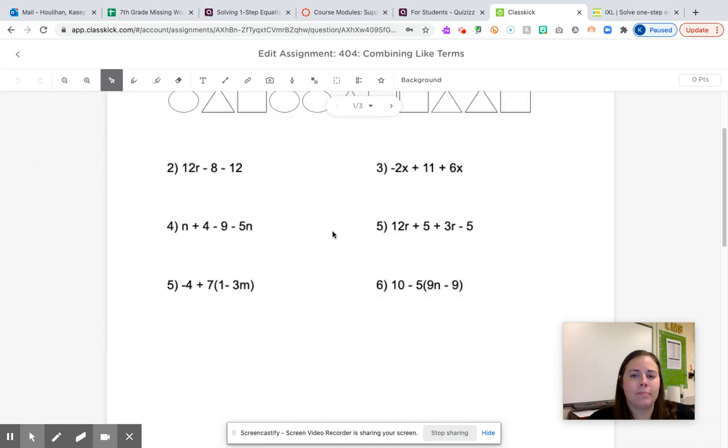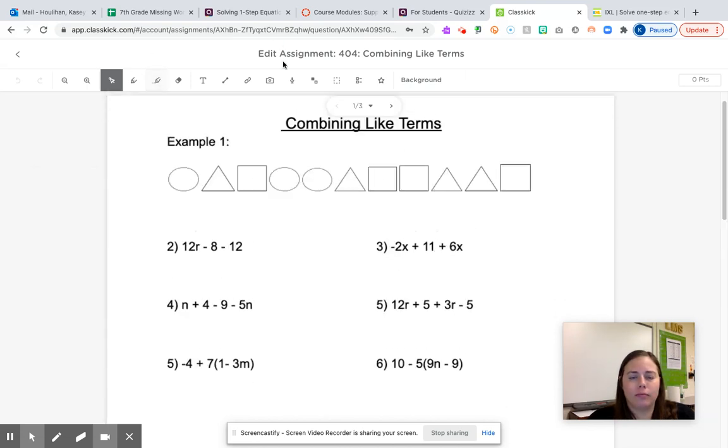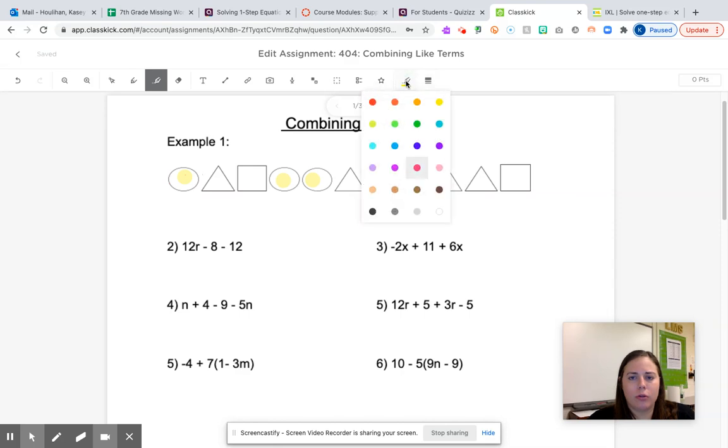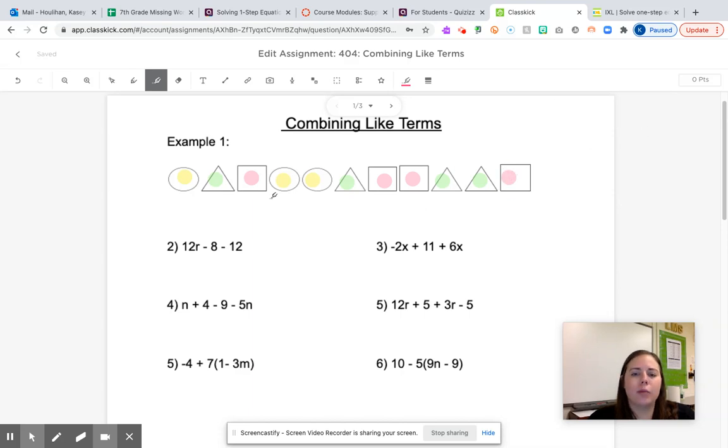Okay. Here's our first example. I'm going to put a yellow dot in my circles, a green dot in my triangles, and a pink dot in my squares. When you're combining like terms, you want to put all the similar things together.